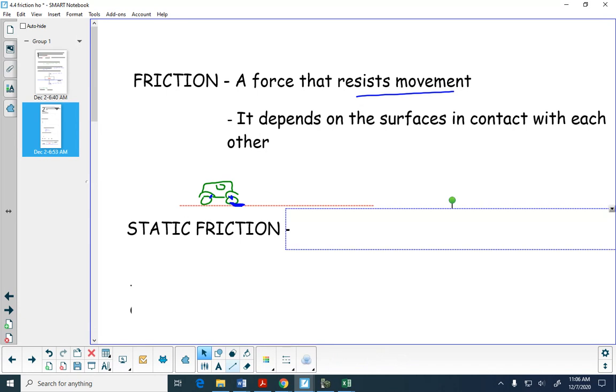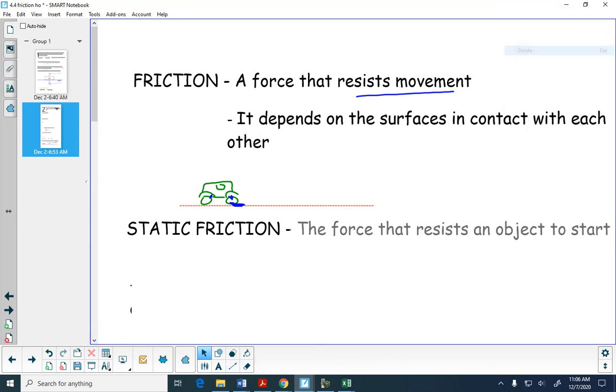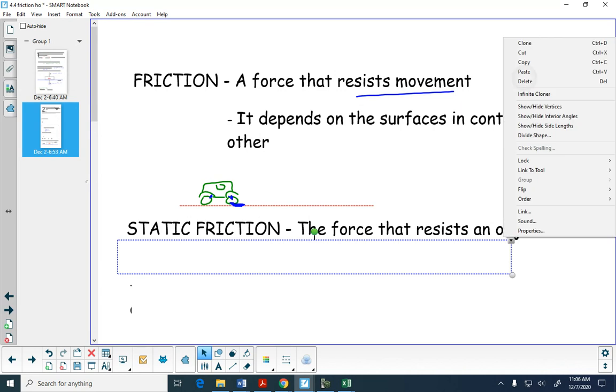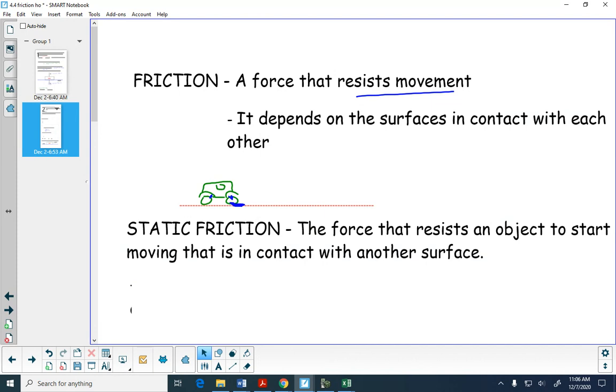Static friction. When you talk about static friction, it's a force that resists an object starting to move that is in contact with another surface.